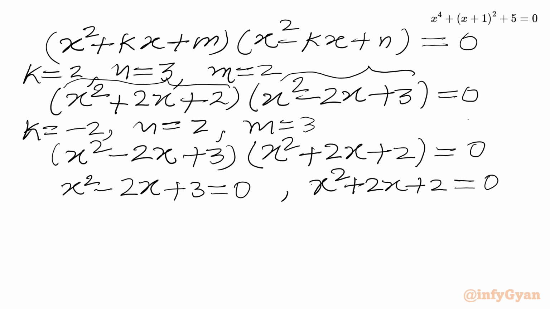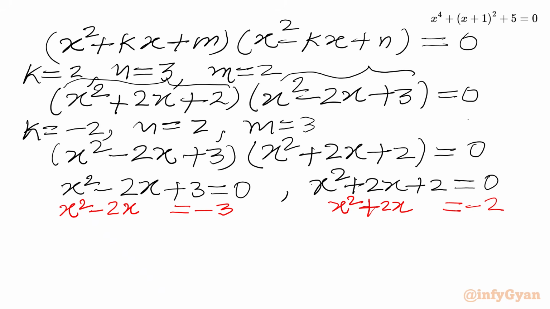I will be solving both the quadratic equations with the help of completing the square. So let me write x square minus 2x equal to minus 3 over here, and x square plus 2x equal to minus 2 over here.